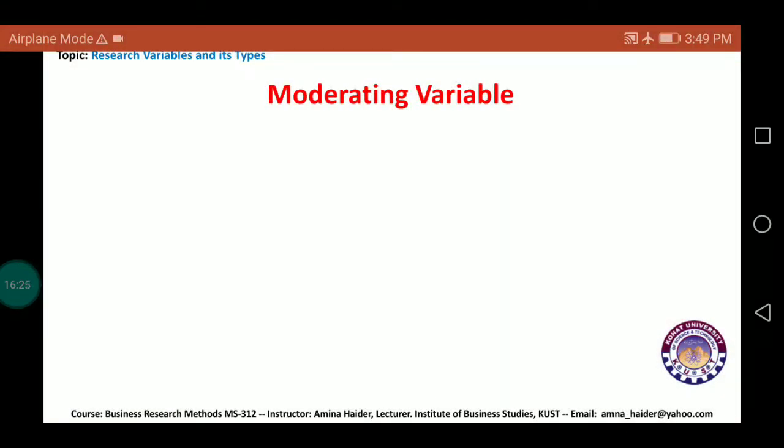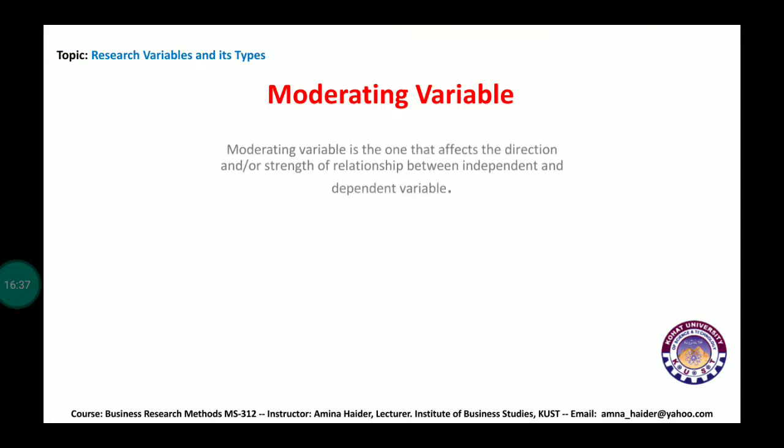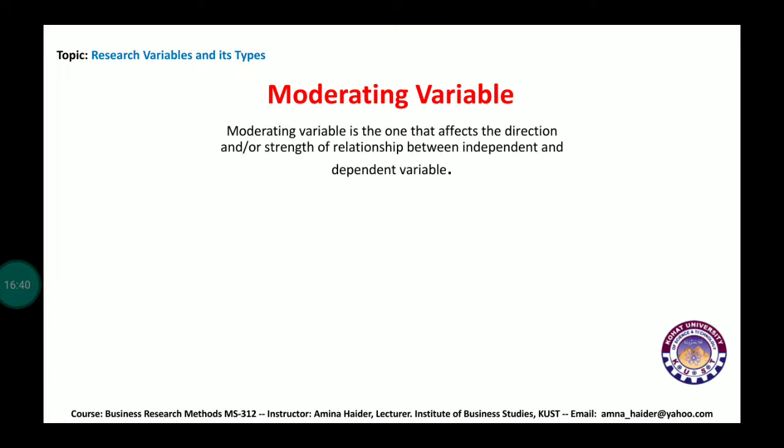Moderating variable. We will understand this variable through the definition, then we will move towards its pictorial representation and then explain it through an example. So a moderating variable is the one that affects the direction and or strength of the relationship between the independent and dependent variable.